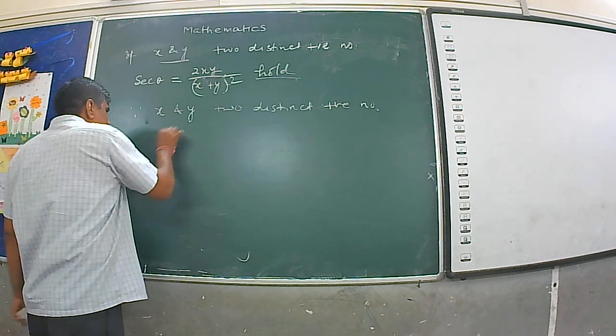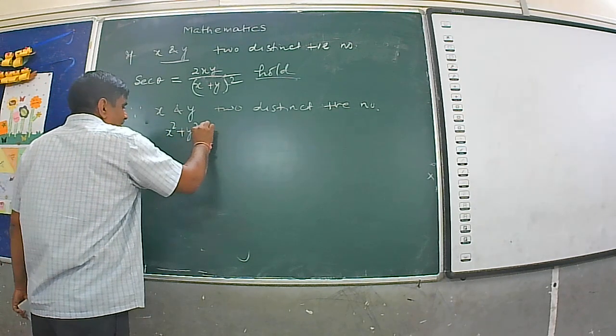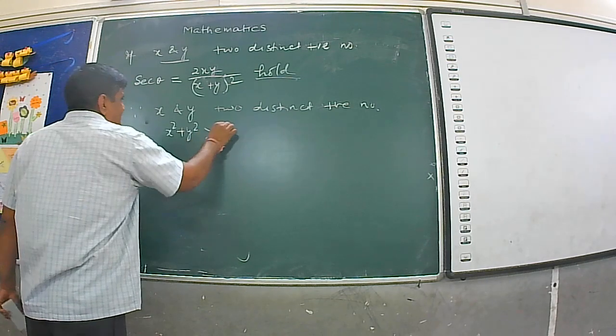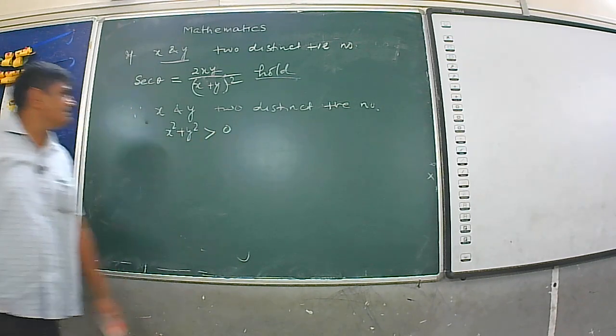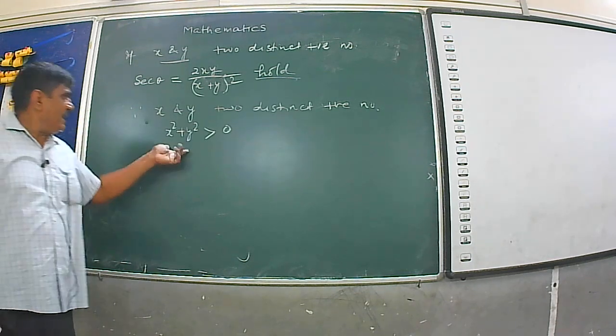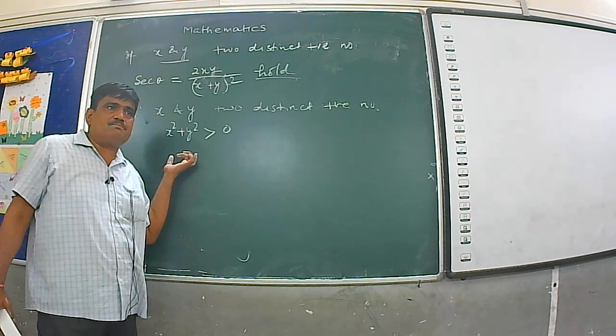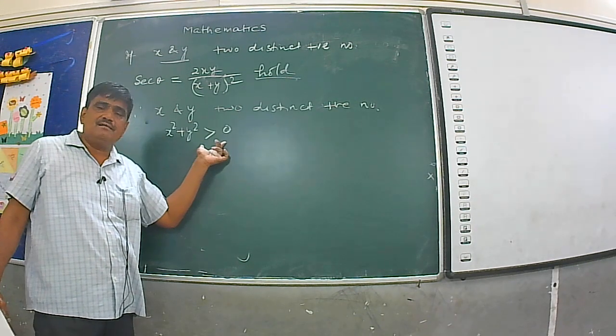Therefore, the sum of the squares, x square plus y square, is always greater than 0. X and y are two positive numbers. Therefore, x square plus y square is greater than 0.